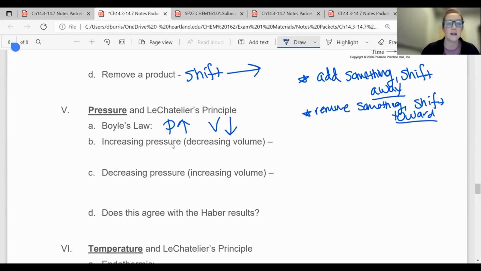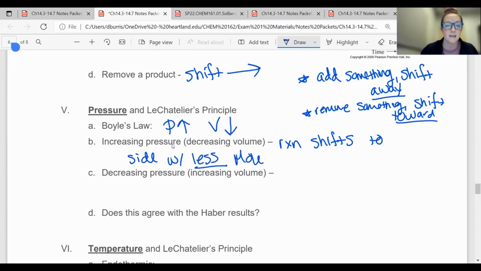So what's going to happen is the reaction is going to shift to whichever side has fewer moles of gas, because the fewer moles you have, the less pressure there's going to be. So to relieve this pressure, when you put it in a small container, it has to shift to the side that has fewer moles of gas.